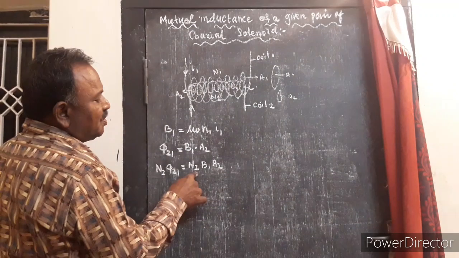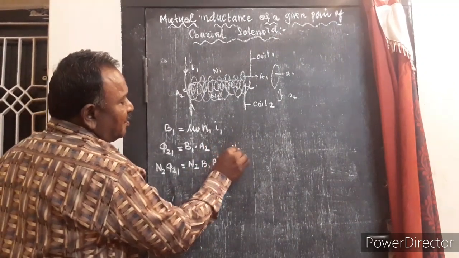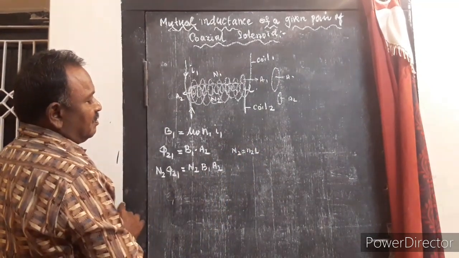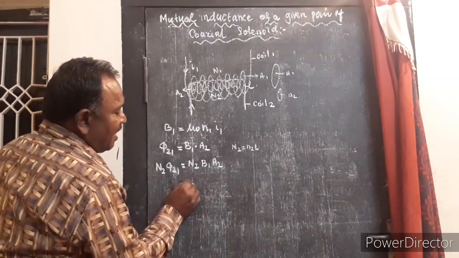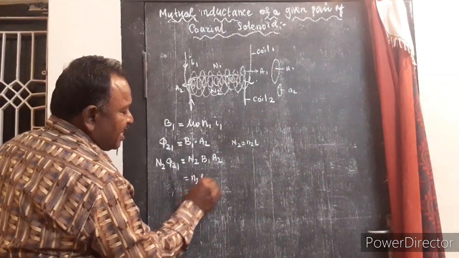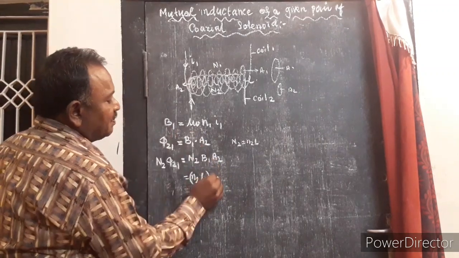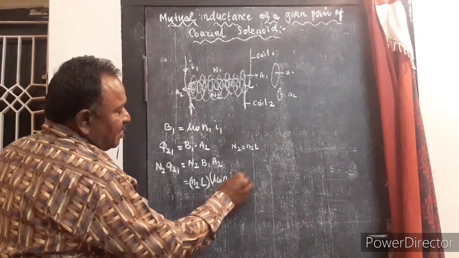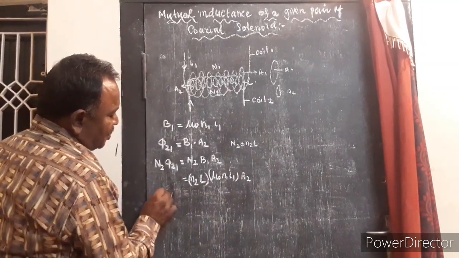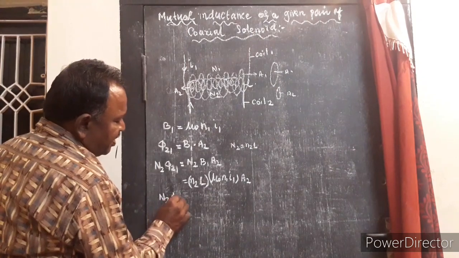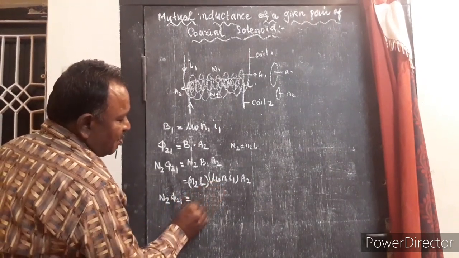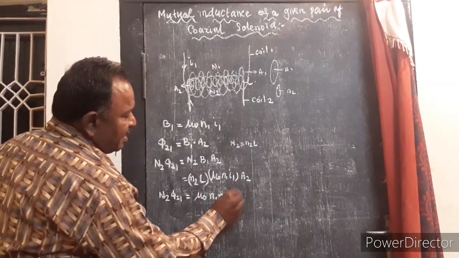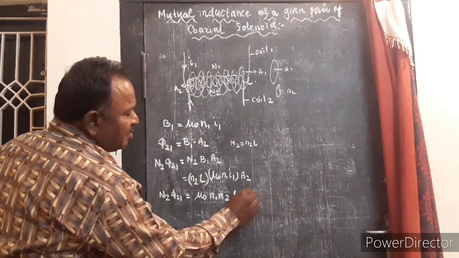But N2 is equal to n2 into L. Substituting this value, we have n2 L times B1, which is mu naught n1 I1, into A2. So N2 phi 21 is equal to mu naught n1 n2 L I1 A2.